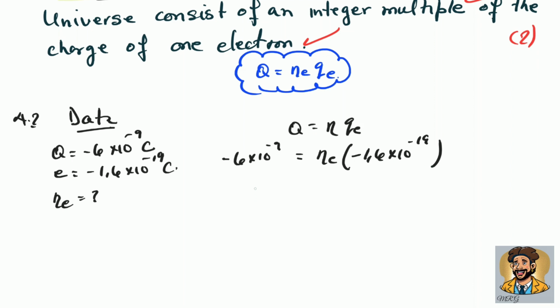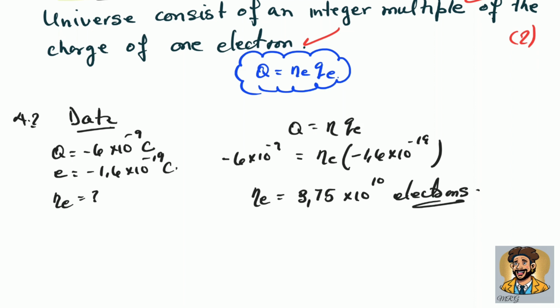So guys, the number of electrons here is going to be equal to 3,75 times 10 to the 10 electrons.